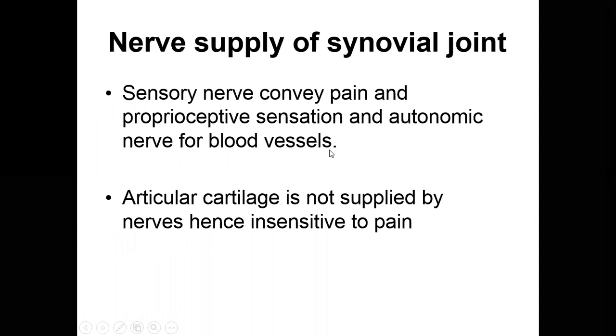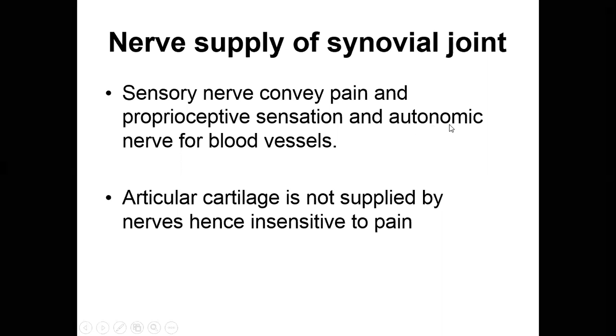Now nerve supply, as we saw before, they have sensory nerve supply, which takes sensation like pain and also proprioception. So proprioception is the sensation of the joint position, or joint sense. So on what state the joint is, whether it is relaxed, or the articular ligament, whether it is contracted, or whether it is flexed, extended, the position of the joint can be known to the brain through these sensations.